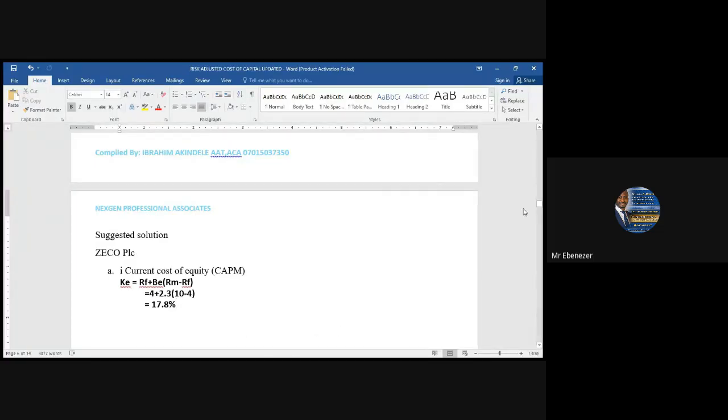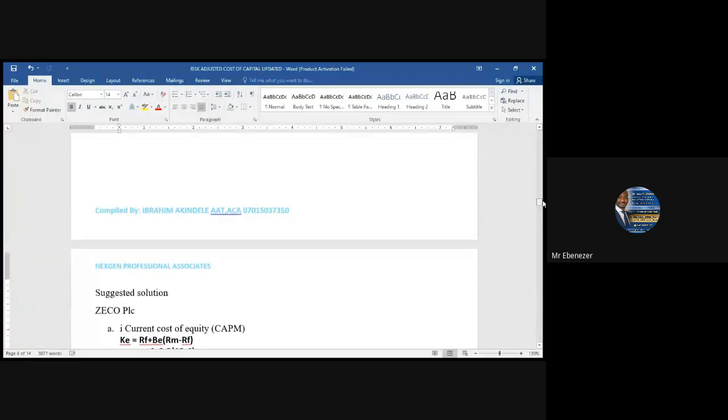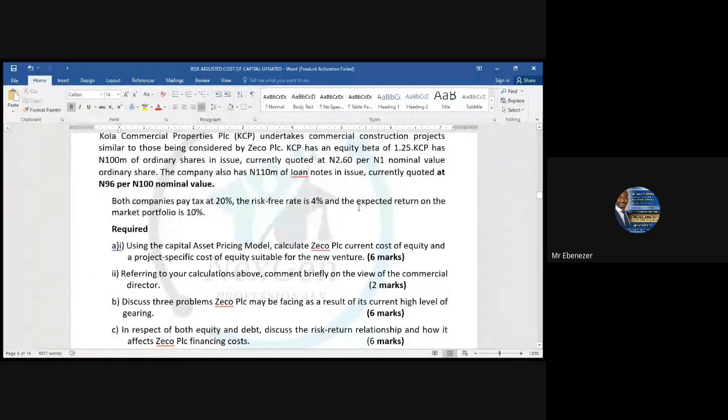The question did not say we should calculate WACC. The question just said calculate the current cost of equity, and this is the current cost of equity.